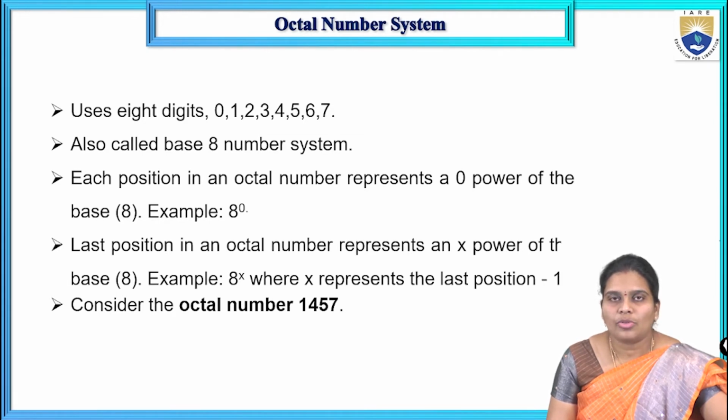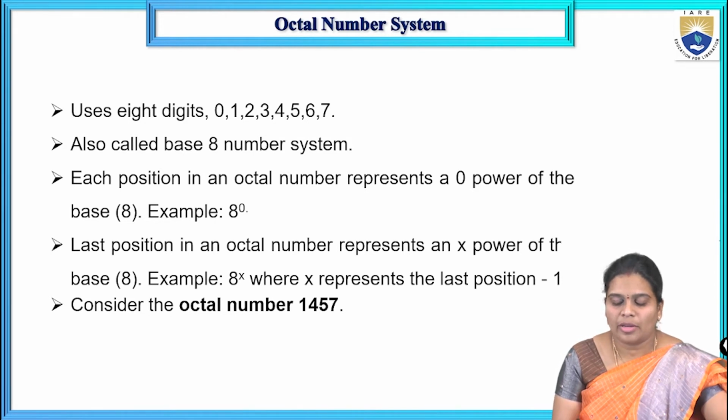Those values are multiplied with the base value with the powers from the right side to the left side. In the first bit position, we multiply with the base value to the power 0. Second bit position, multiply with the base value to the power 1. The next value is multiplied with the base value to the power 2, like this.